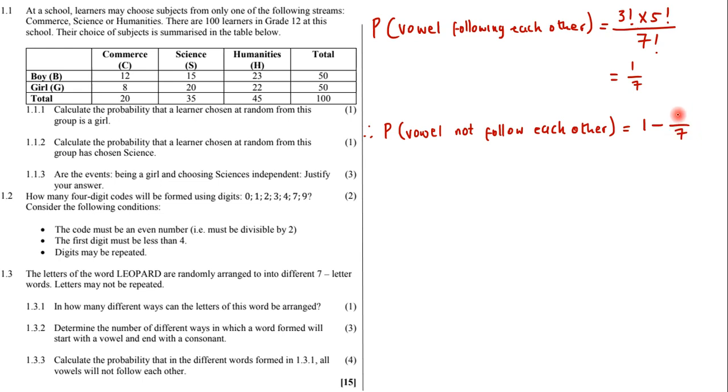This means it's a complement: the probability we're calculating now is a complement of this one. And to always get the probability of a complement, you take 1 and subtract the other probability, which is what we're doing here. If you press this into your calculator, it will give you 6 over 7, and that will be our final answer.